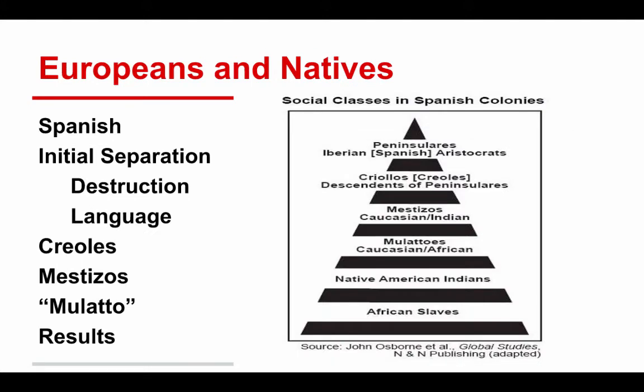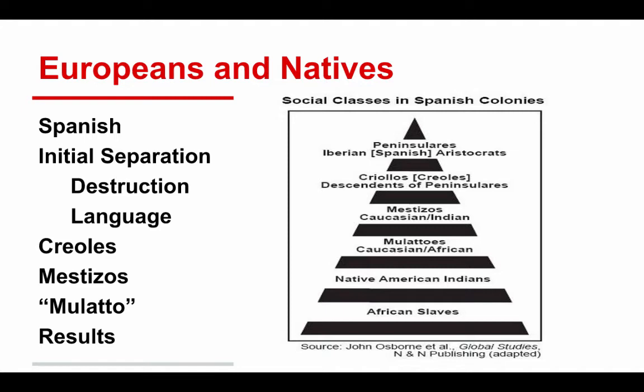The other impact that you also see here is the impact of Europeans on the native groups in North, Central, and South America. And the biggest group that had the influence, of course, would be the Spanish. Now, when the Spanish come in, they initially try to be very much separate. And we talked about this. They will go on this just destruction of cultures and do everything they can do.